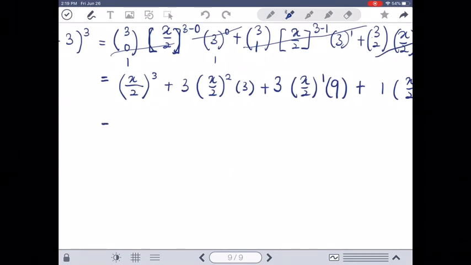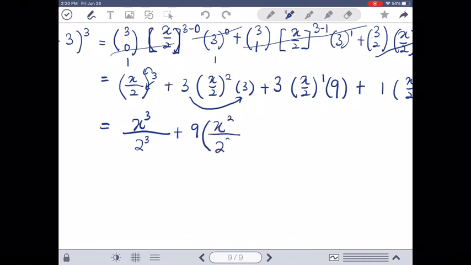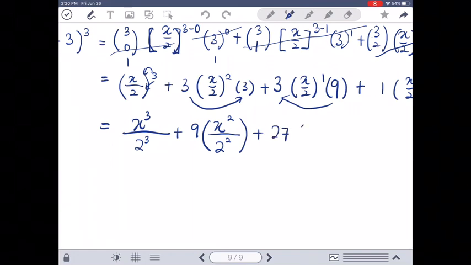So simplify things. We will get x to the power of 3 over, remember indices properties, when you expand top and also expand bottom. So we get 2 to the power of 3 plus 3 times 3 is 9 times x to the power of 2 over 2 to the power of 2 plus 3 times 9 is equals to 27.